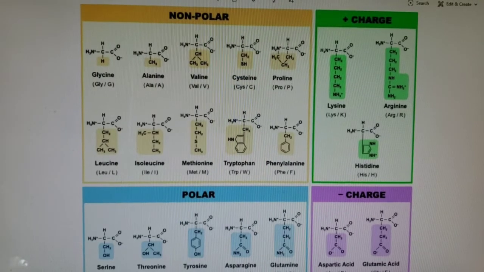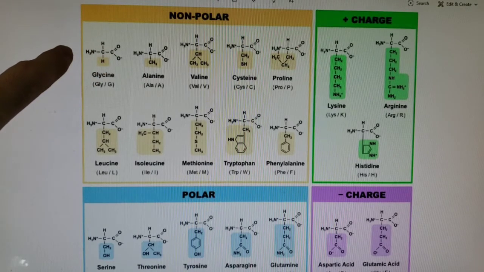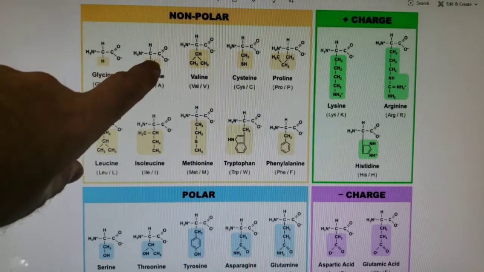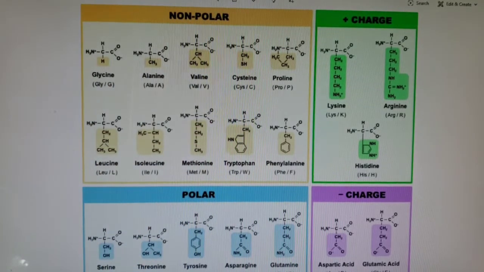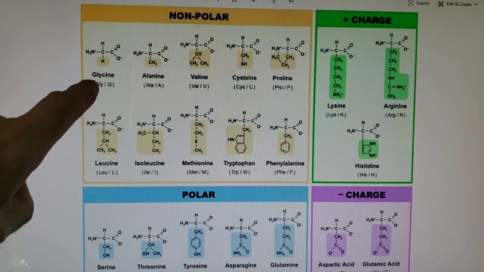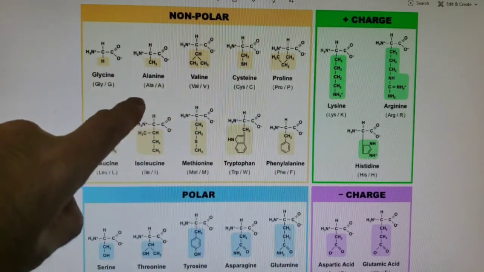Here's a table of common amino acids sorted into the 2 major categories of non-polar, hydrophobic, where you can see that the highlighted side groups right here, those are the R groups, and then the polar, hydrophilic side groups right here. Each amino acid, the side group changes the name of the amino acid.